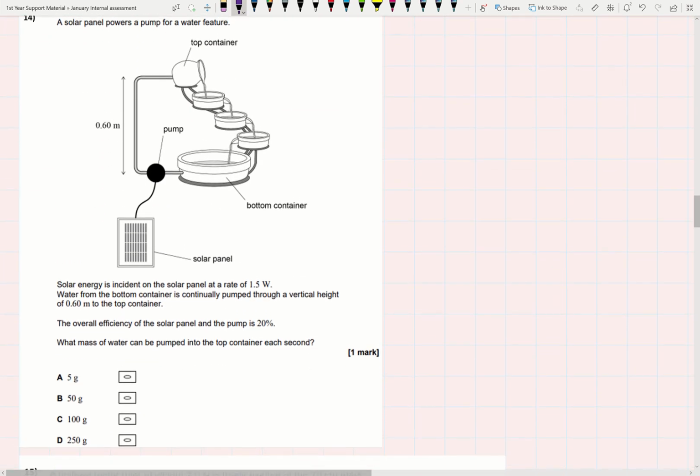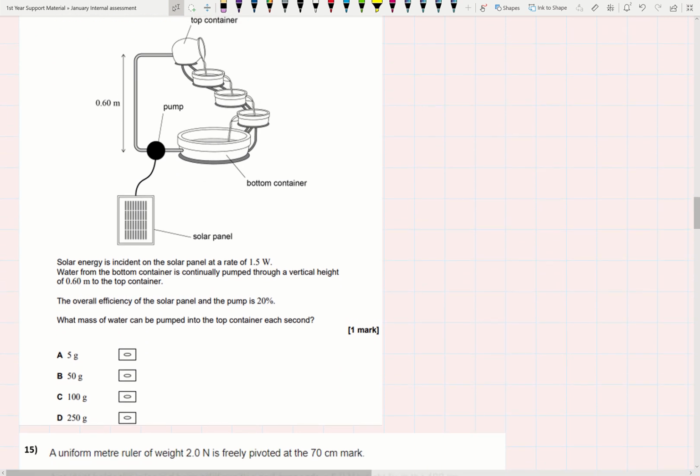Question 14 says a solar panel powers a pump for a water feature. Solar energy is incident on the panel at a rate of 1.5 watts. Water from the bottom of the container is continually pumped through a vertical height of 0.6 meters. So I've got the energy to get to the top, that's mg delta H. And all of that energy is coming from my solar power, which is 1.5.